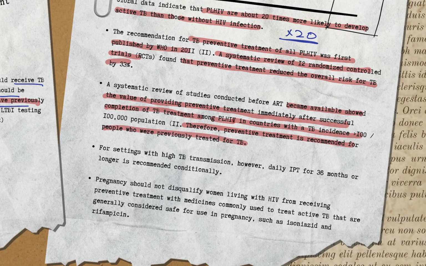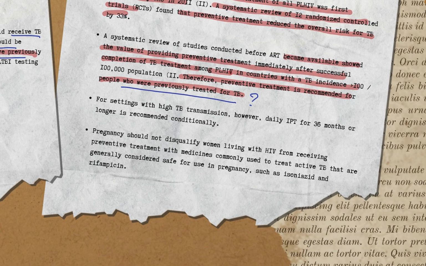So this is the reason why we offer it to patients who have already been treated. For settings with high TB transmission, however, daily IPT for 36 months or longer is recommended conditionally. We will discuss this in the later half.